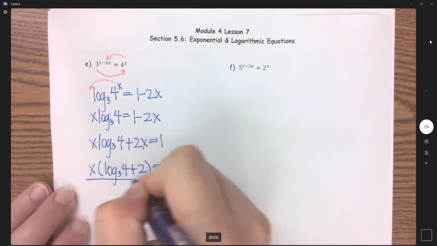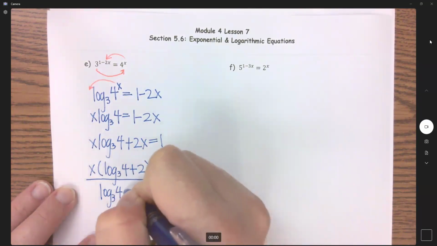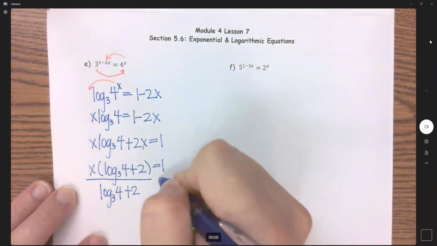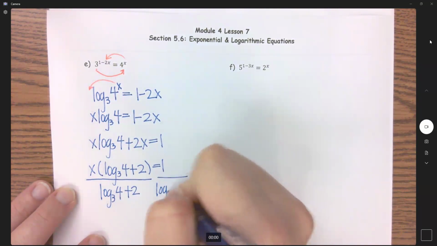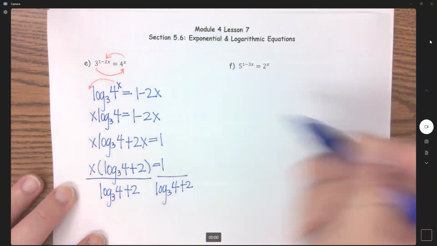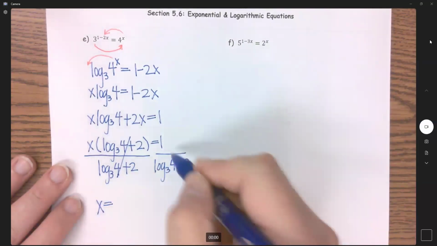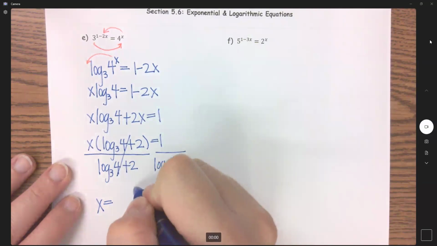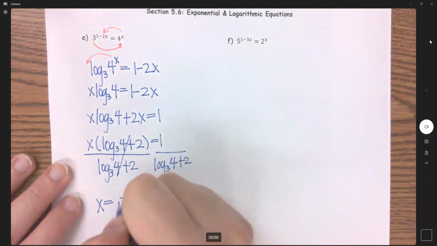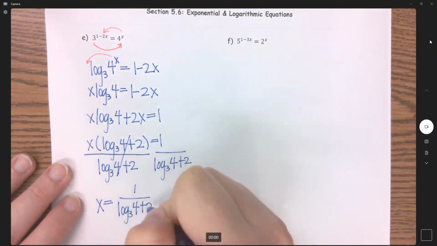So let's just go ahead and show it. We're dividing by log base 3 of 4 plus 2 and dividing this by log base 3 of 4 plus 2. This cancels over here and I am left with x, and then I can't do anything here. So this is 1 over log base 3 of 4 plus 2.